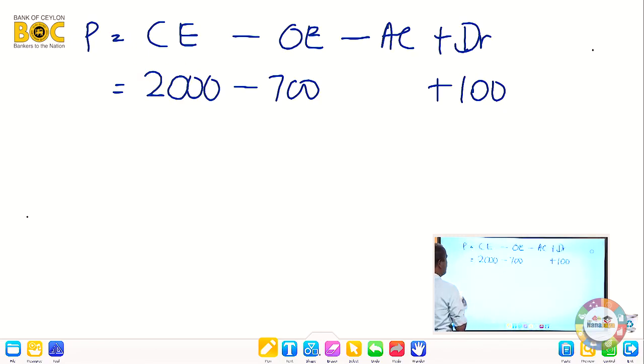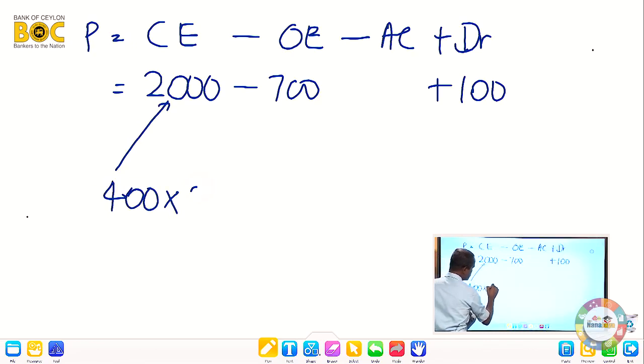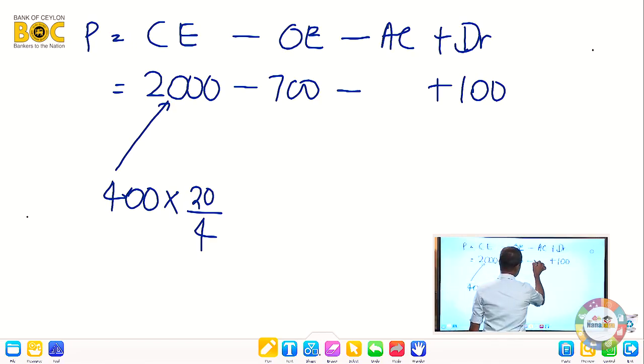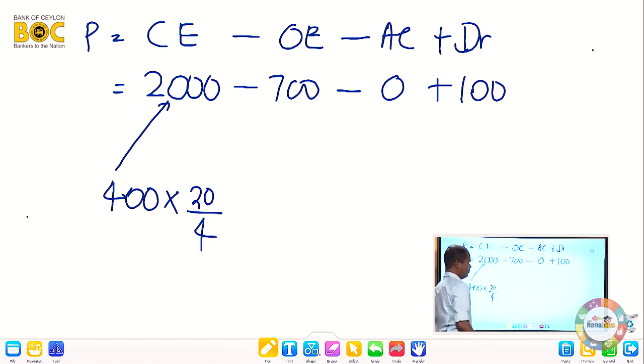If you forget how to calculate this, we calculated it from current liabilities times 20 over 4. So there is no information on additional capital.